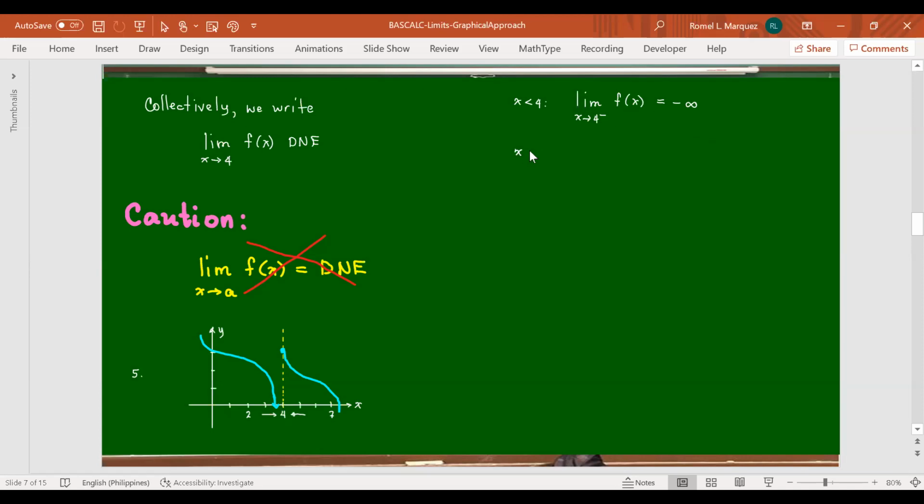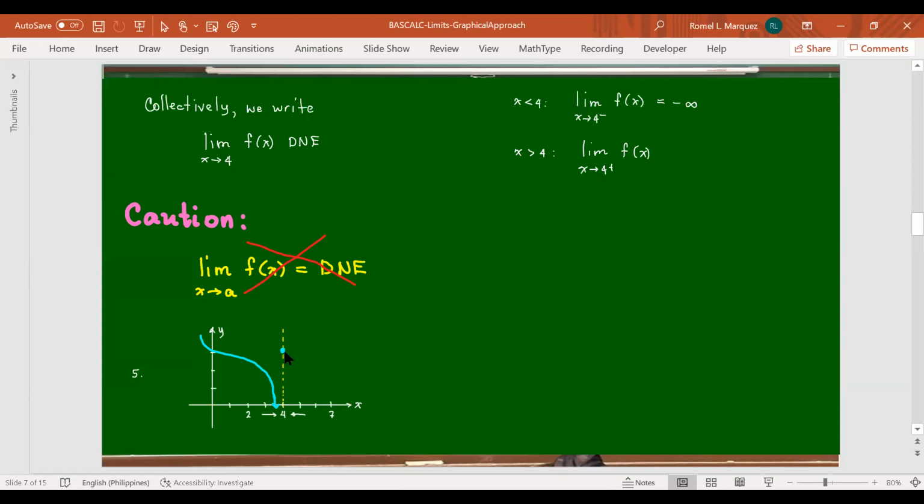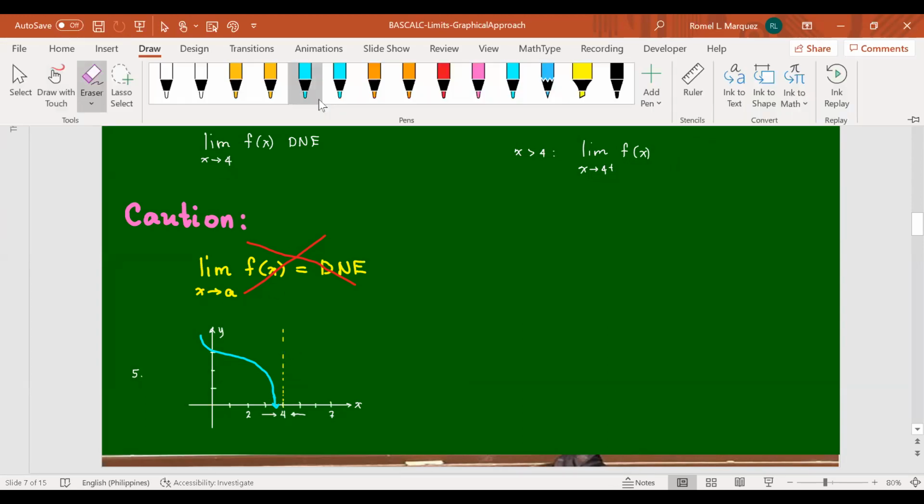What about coming from the right? What's the behavior coming from the right? Positive infinity po. Let me change the numbering on the y-axis, so that this is 1, 2, 3.